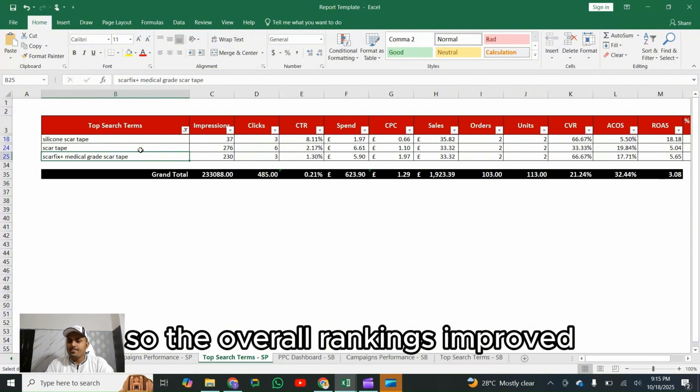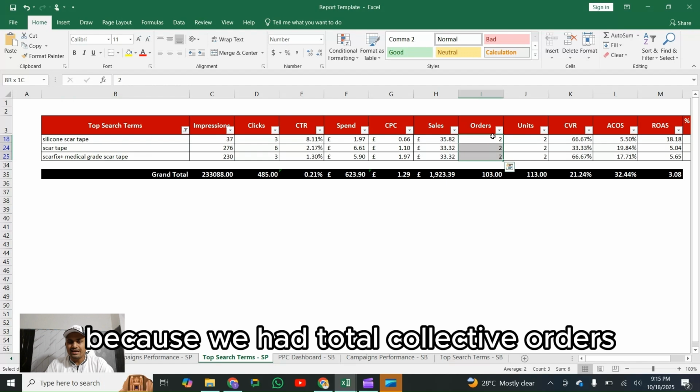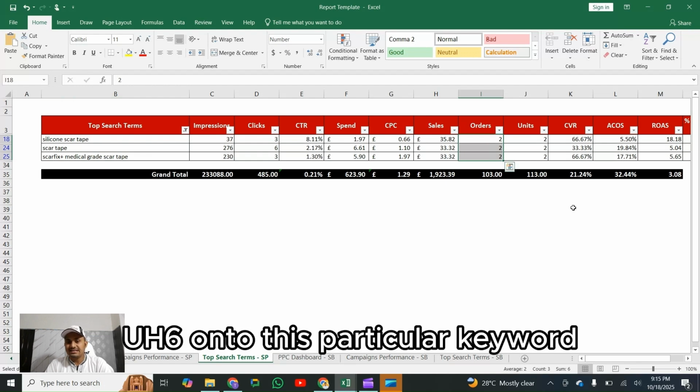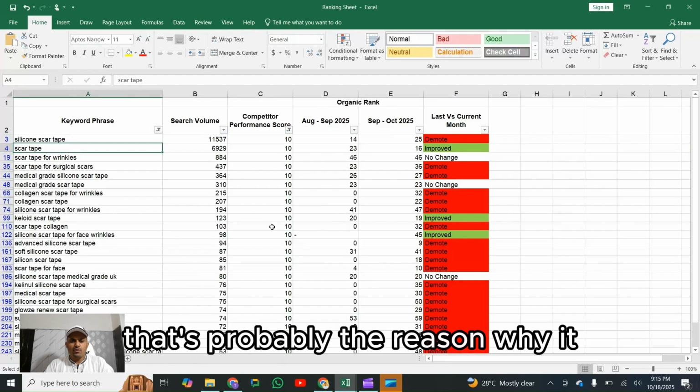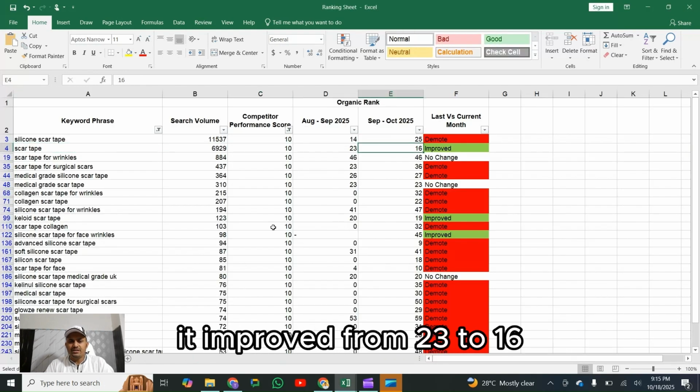So the overall rankings improved because we had total collective orders, six, on this particular keyword. So that's probably the reason why it improved from 23 to 16.